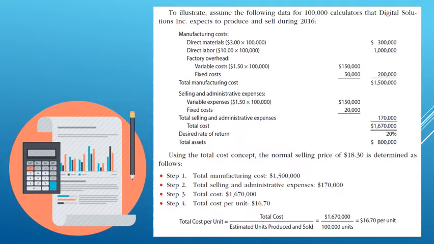So for the 4th step, we have the total cost per unit. So we have to divide the total cost over the estimated units produced or sold. So we have 1,670,000 divided by 100,000 units. So we came up with 16.70.